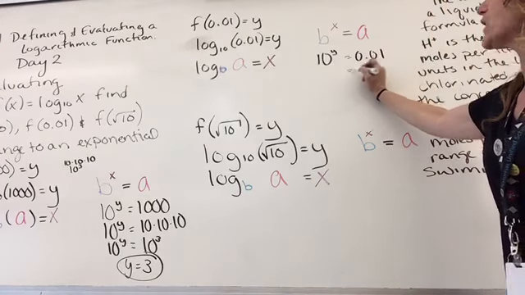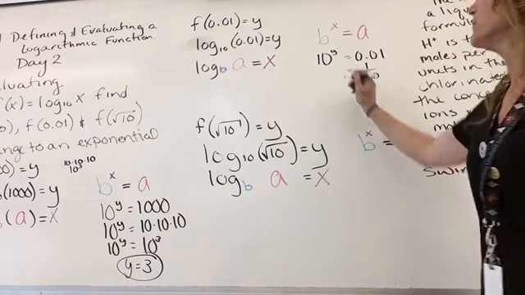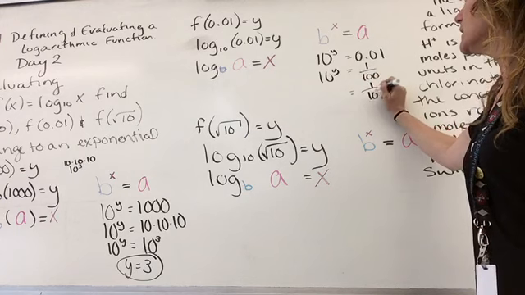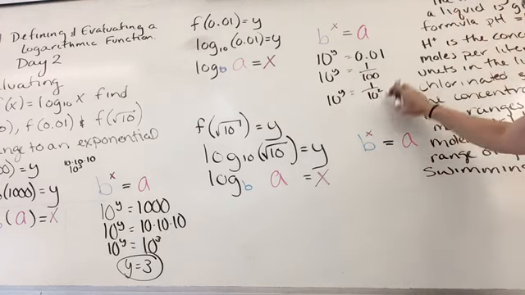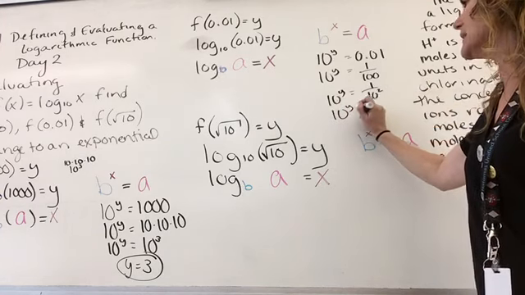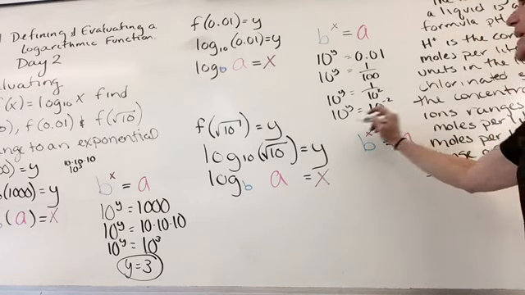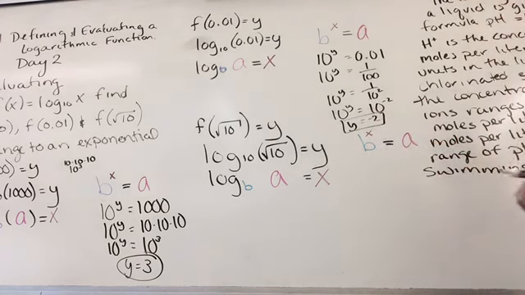This as a fraction is 1 over 100. 100 is 10 squared. Now, to move this from the bottom to the top, I rewrite that as 10 to the negative 2. Since the base is the same, that means the exponents must be the same, so y equals negative 2 in that case.